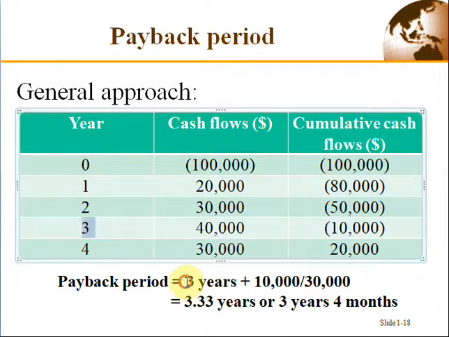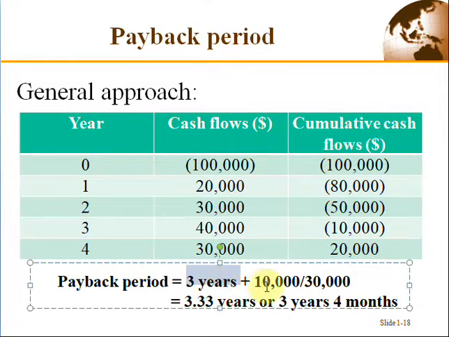The balance remaining is 10,000, and what you got in year three is 40,000. So 10,000 divided by 40 gives us the fractional period it took to complete the servicing of the fund.